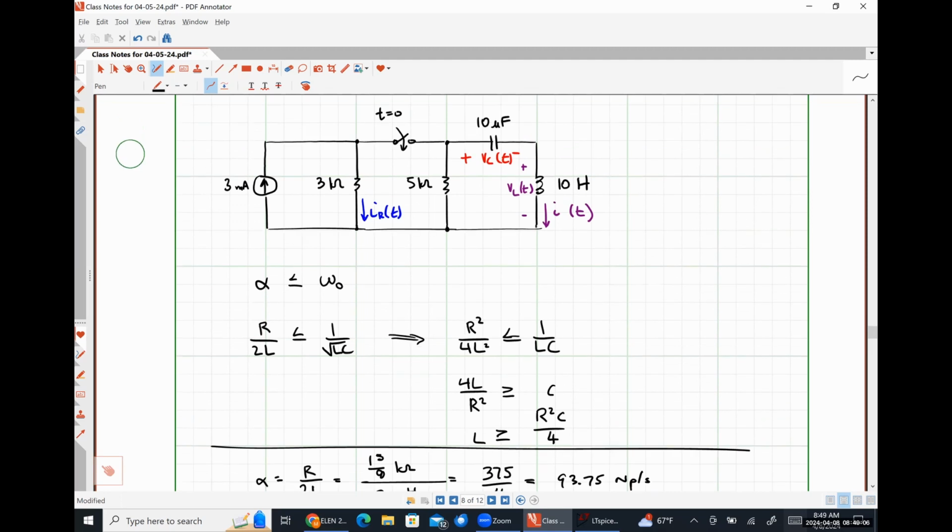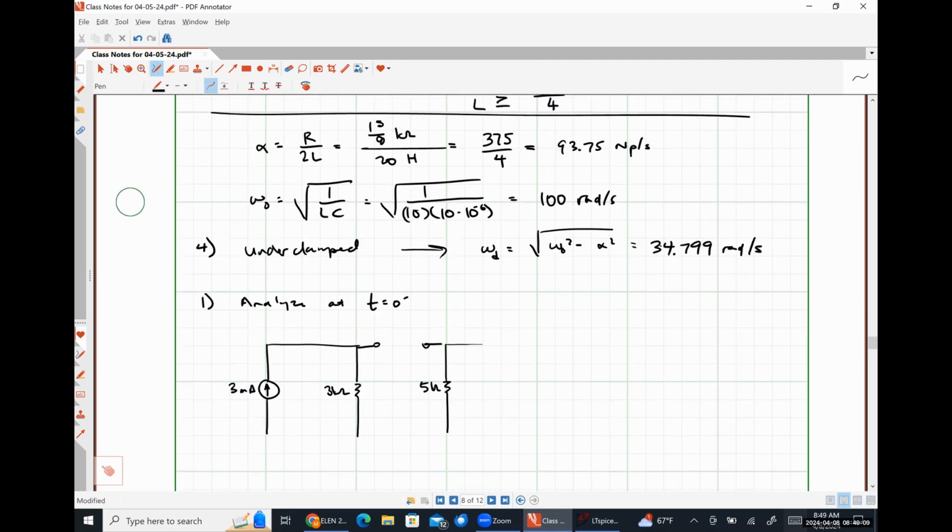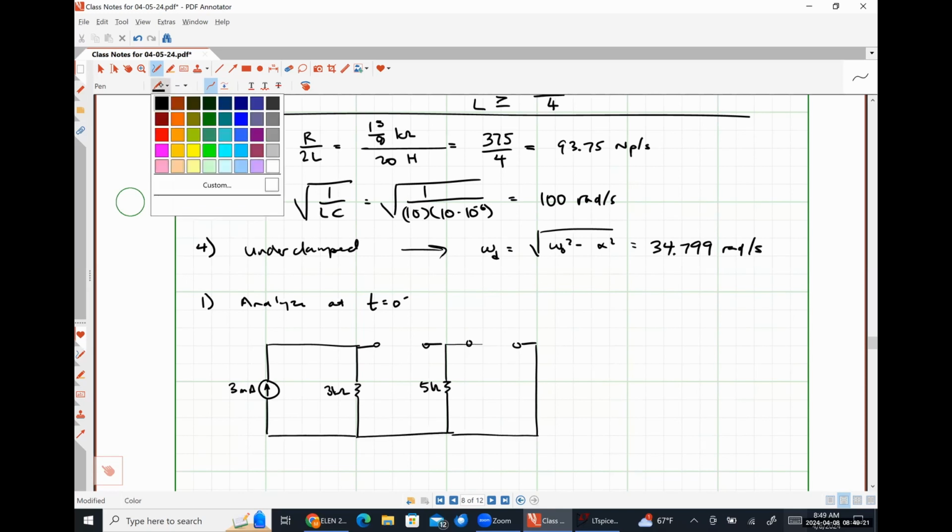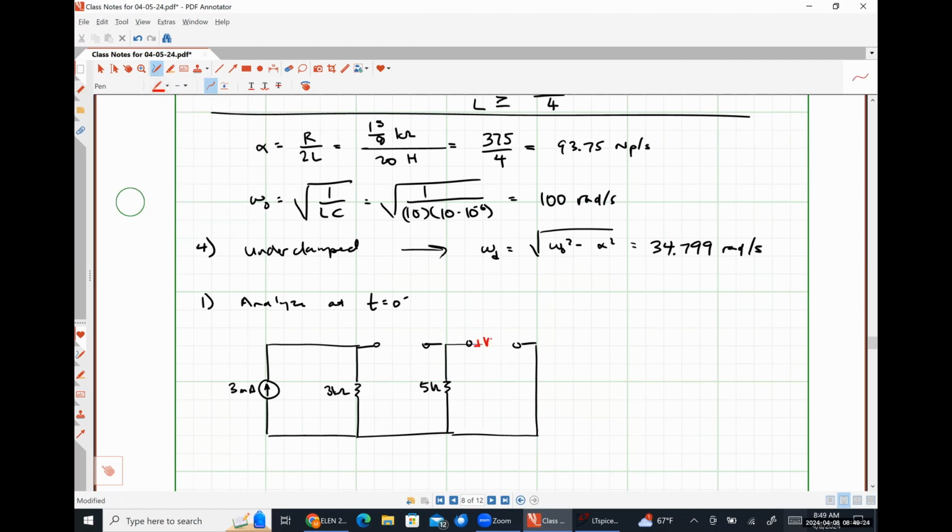Our capacitor is going to look like an open circuit. And our inductor is going to look like a short circuit. So here's the voltage drop across our capacitor. Here's the voltage drop across our inductor. Here's the current flowing through our system.